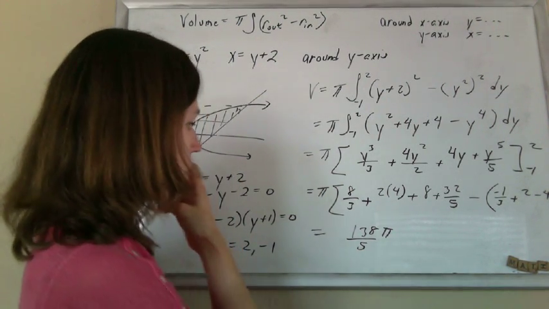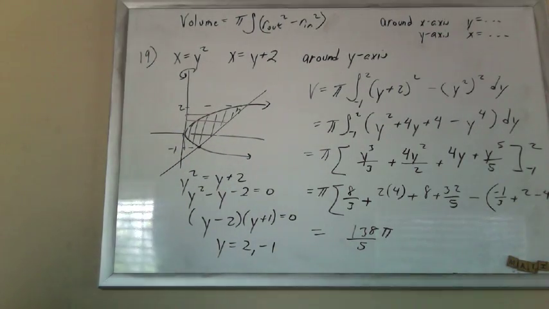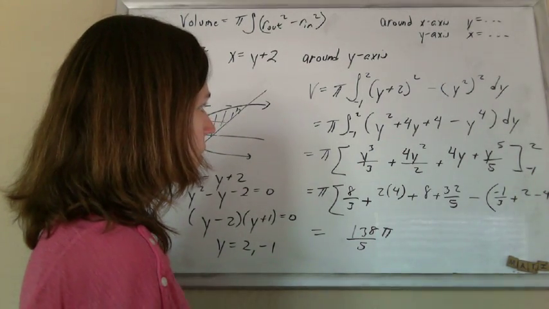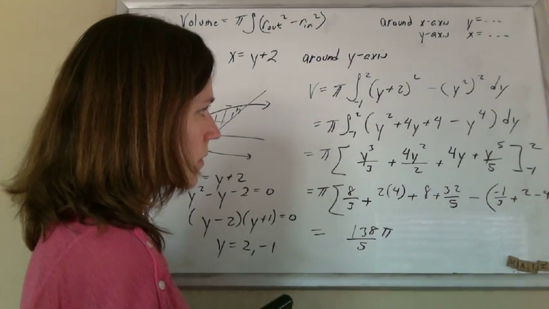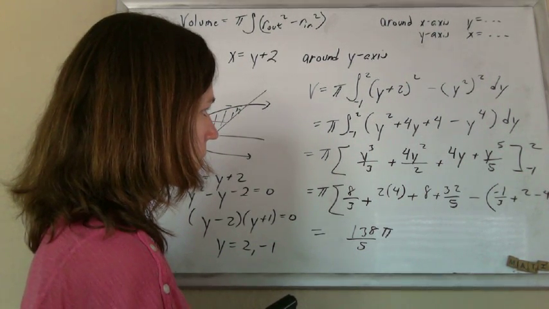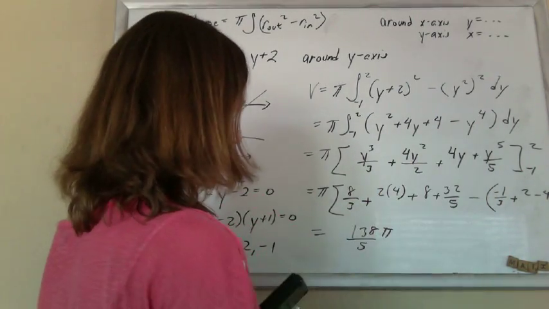Getting 138 pi over 5. You see it? There. Minus. You did it.